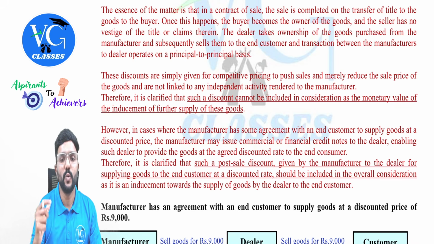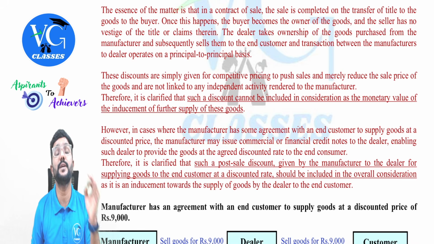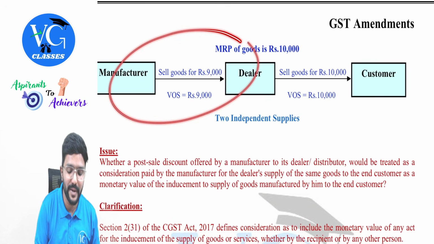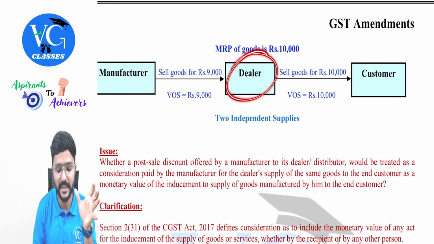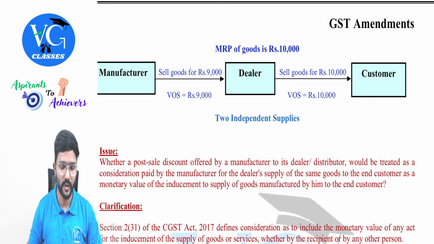The dealer takes ownership of the goods purchased from the manufacturer and subsequently sells them to the end customer. And the transaction between the manufacturer and dealer operates on a principal to principal basis. So, should we treat this as a separate supply and this as a separate supply? Yes, guys. And here, this guy is not acting as an agent. Okay.